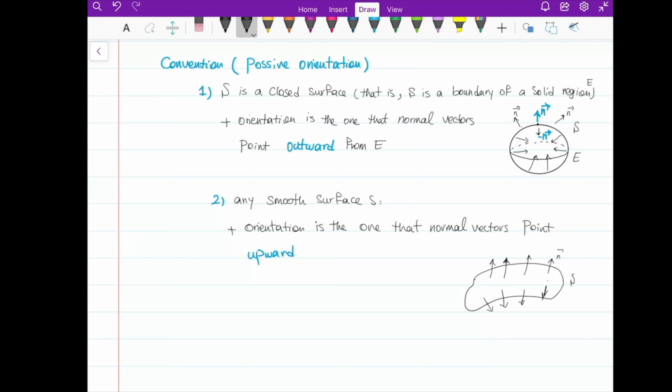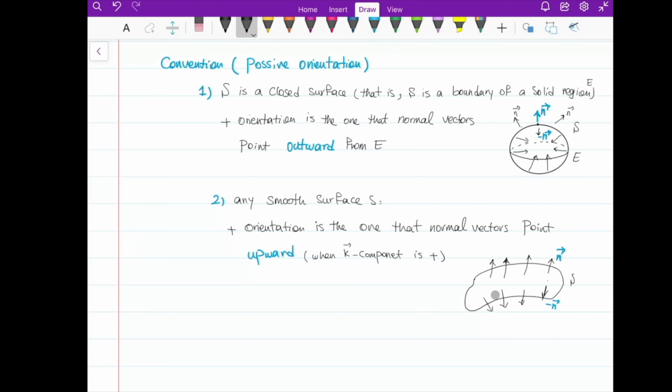Then we say that the ones that are upward are positive, and the ones that are downward are negative. So how can we say that it's positive? When the k component, basically the third component in our vector, is positive, it means that it's upward, and basically our surface S has positive orientation.